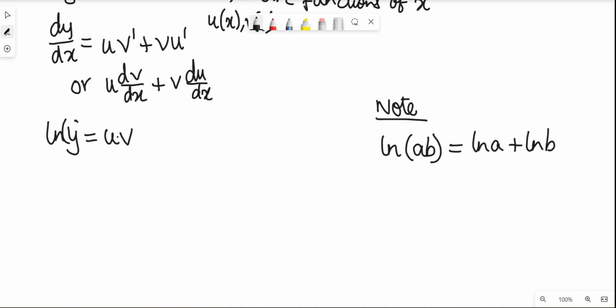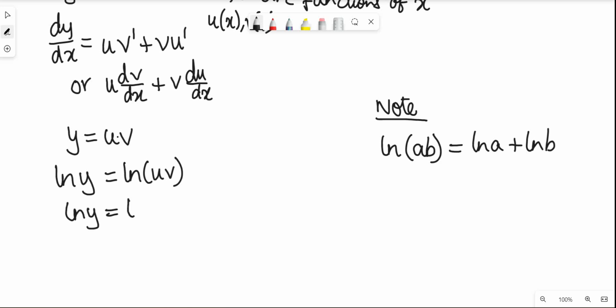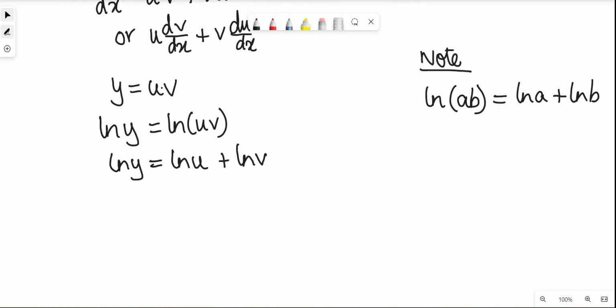So we get ln of y equals ln of uv, which is ln u plus ln v. Now we have an addition in the middle, which we can easily differentiate. We can just differentiate this function first and then this function next.